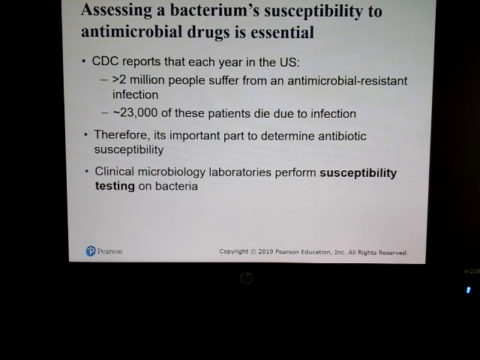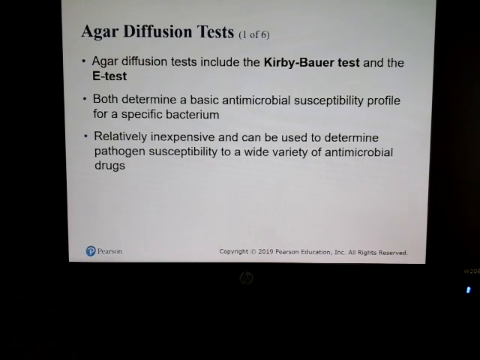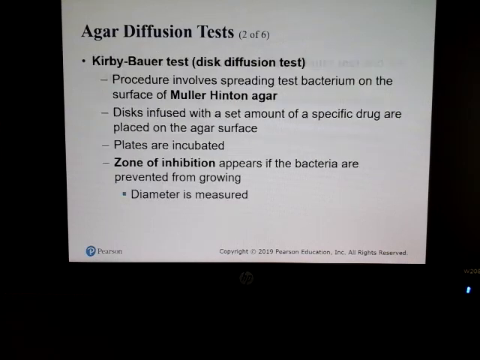So we have to take a look to see how susceptible microbes are to the antimicrobials that we are treating them with. So there's two tests that are done, Kirby-Bauer and the E-test, and the one I'd like to talk a little bit about is the Kirby-Bauer test. That's one that we always do in the micro lab course at SPC.